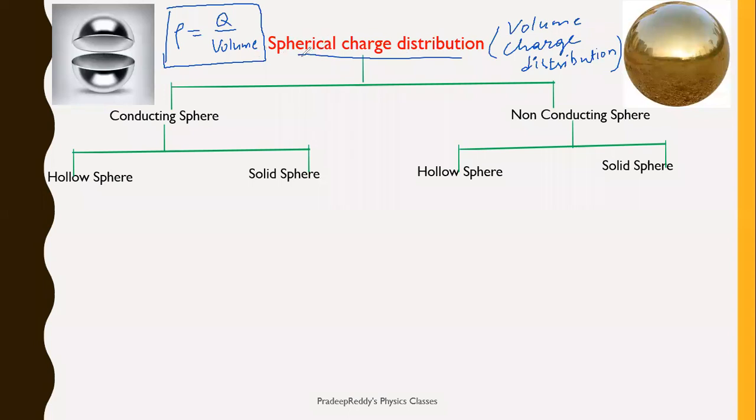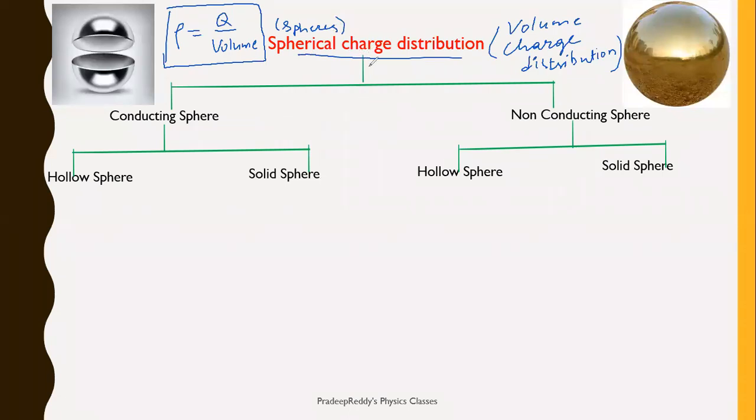Therefore we need to take only spherical objects, that is, spheres. Only spheres I am considering. Later, using the same procedure, you can even derive for a cube and cuboid also. That we will be dealing with in Gauss law. That becomes very simple when you use Gauss law. So we will leave that part to Gauss law. But presently we will be using only spheres, and only for spheres will we be calculating the electric field at different positions.